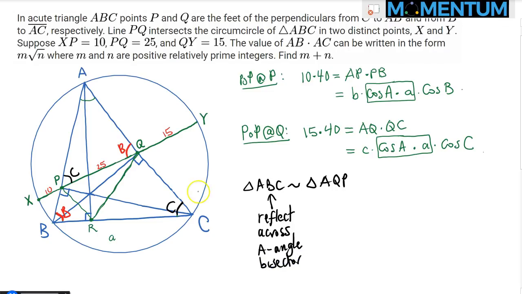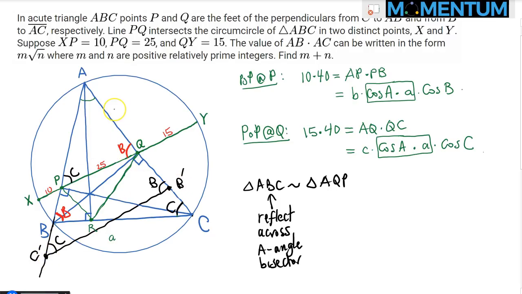For instance, if you extend AB here, B reflected across the angle bisector will fall, maybe somewhere around here. So we will call this B prime, and then C will fall somewhere here, C prime, after the reflection. So now if you draw this line, because this angle here is a B and this angle here is a C, those two lines are parallel. PQ is parallel to C prime B prime.